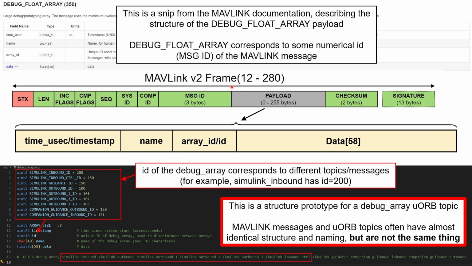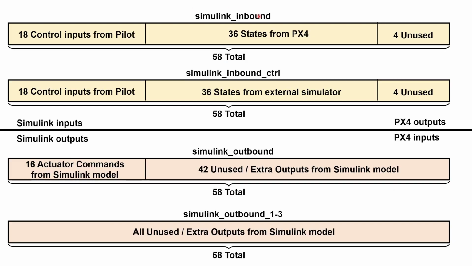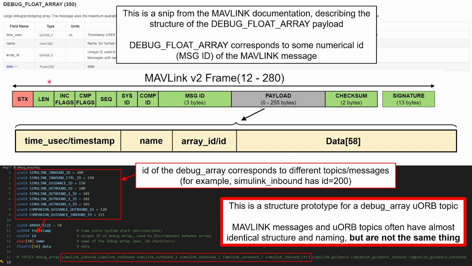What we just saw on the previous slide was the Simulink inbound control and outbound messages, which I'm going to be calling messages or UART topics, because they're pretty much the same, and are referred to as messages or topics by PX4 interchangeably.